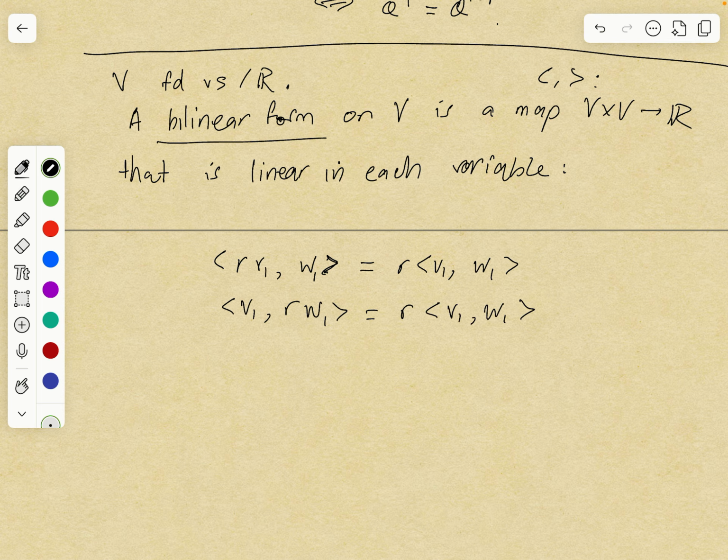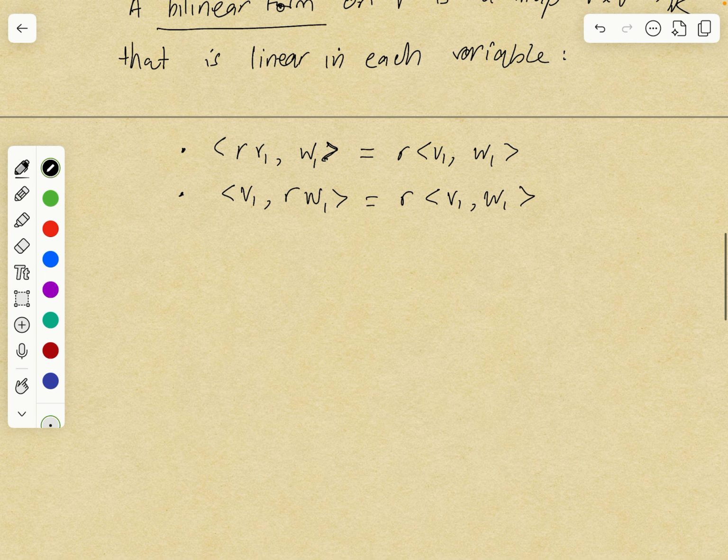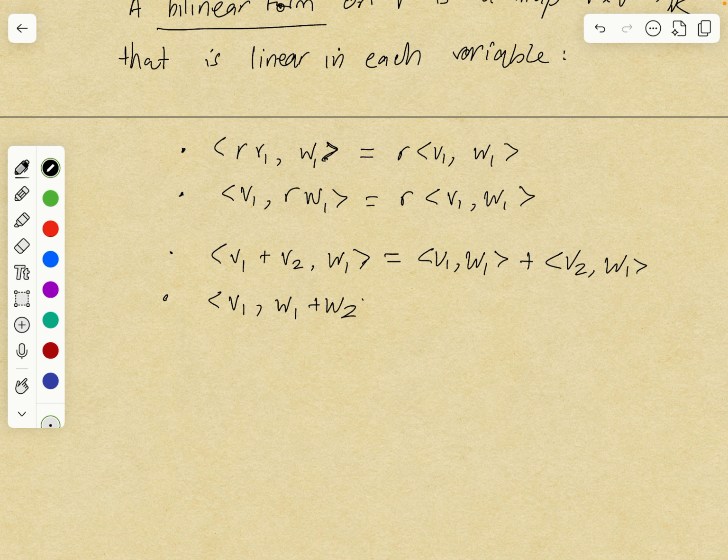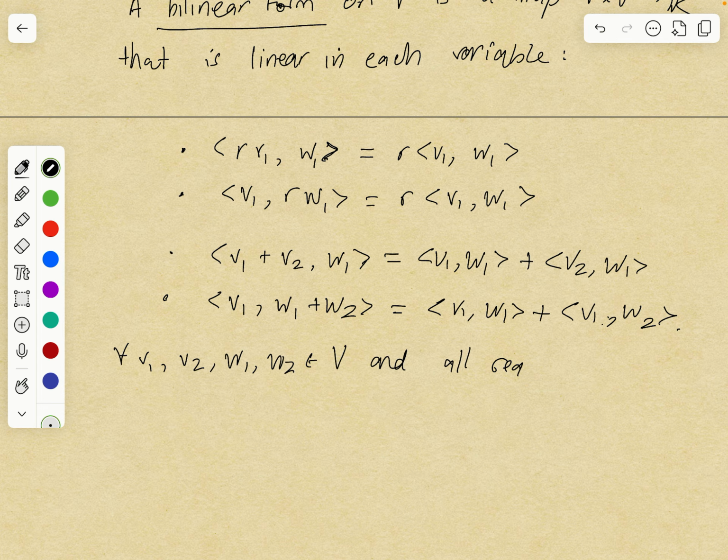So these two conditions basically just tell you that you can pull scalars out, right? And then the other aspect of the linearity is that it distributes over sums. So you have these properties for all v1, v2, w1, w2 in V, and all real numbers r.